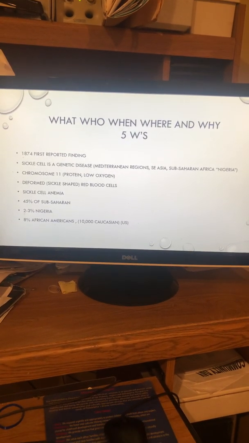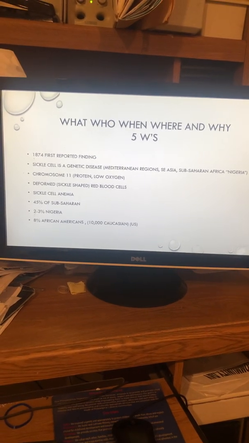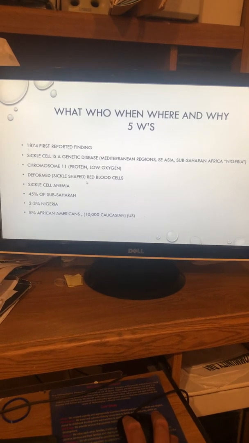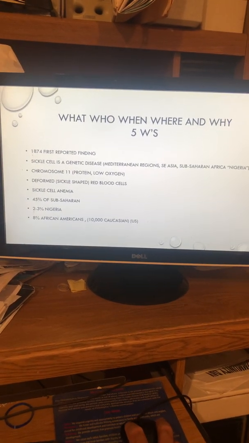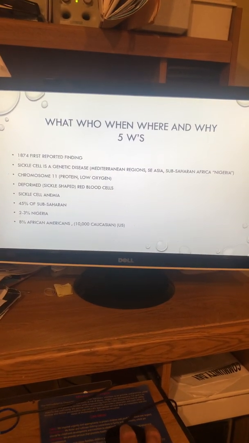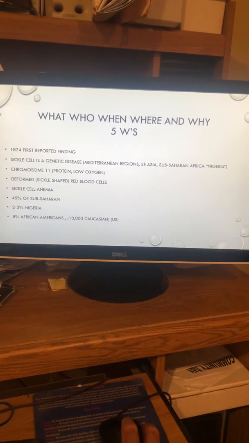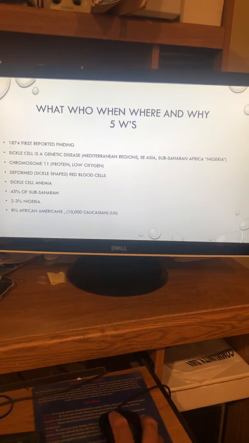The five W's: who, what, when, where, and why. Sickle cell was first indicated in 1874 in Africa. Sickle cell is a genetic disease found in people from the Mediterranean regions, Southeast Asia, and Sub-Saharan Africa, including Nigeria.